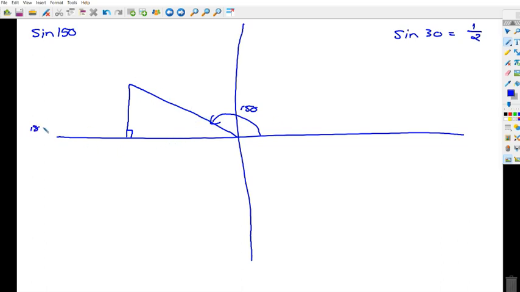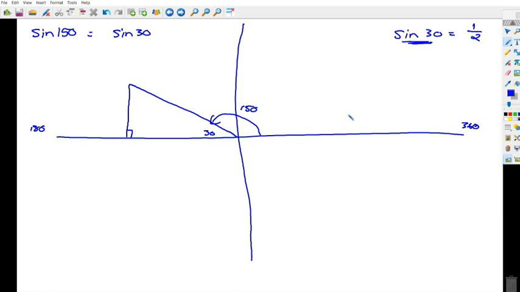Is the 180 the closest, or is 360 the closest horizontal? 180 is the closest horizontal. So how far is 150 from 180? It's 30 degrees. So instead of saying sine of 150, I can write sine of 30. And that's looking nice because I know what sine of 30 is.